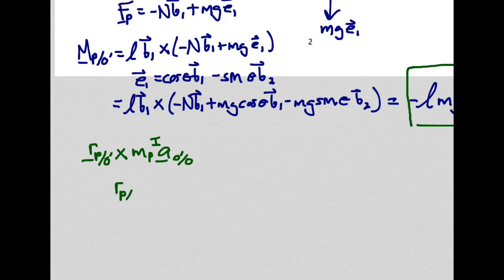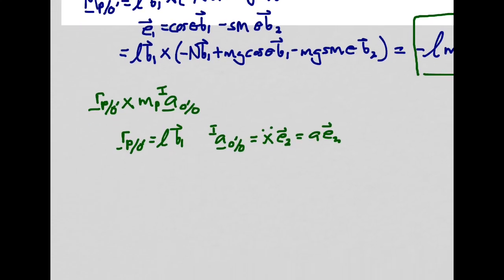We know that r of p with respect to O prime is equal to L in the b1 direction, and then the acceleration of O prime with respect to O is simply equal to x double dot in the e2 direction, or it's given as a in the e2 direction.